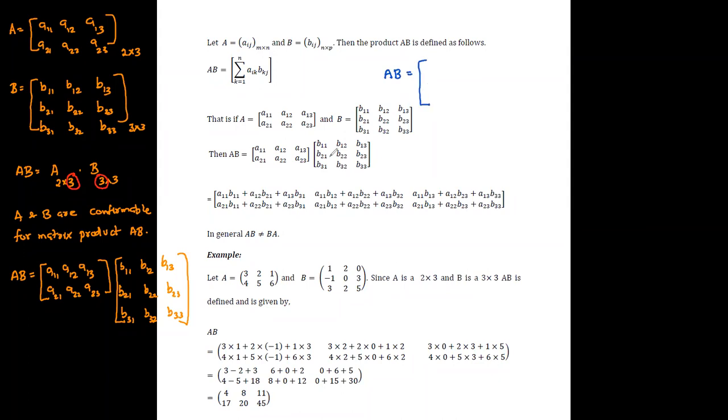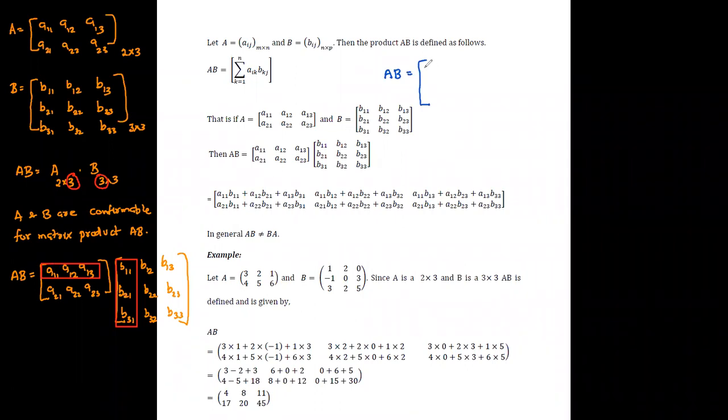I will write it here. I need to obtain the matrix product. What I need to do is first select the first row with the first column. Therefore I am selecting the first row. I will use another color to denote this. First I am selecting the first row along with the first column. Now I have to multiply each and every element of this row and column. If you multiply the elements in the first row of the first matrix and the first column of the second matrix, then we can obtain the values in this form. First we multiply A11 with B11.